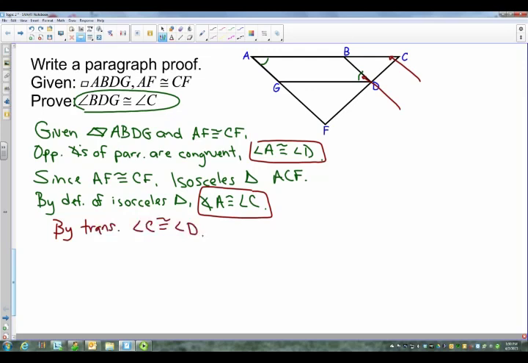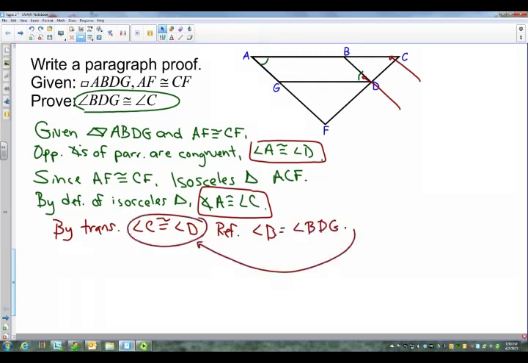And because of the reflexive property, or you could say substitution, either way, angle D is the same as, or is equal to, angle BDG, and therefore that proof will hold.